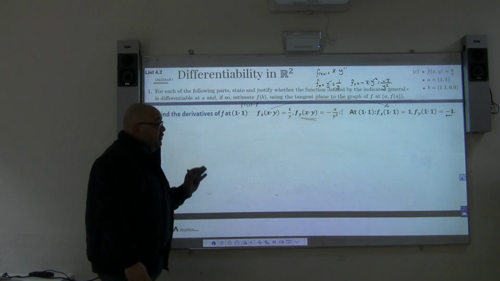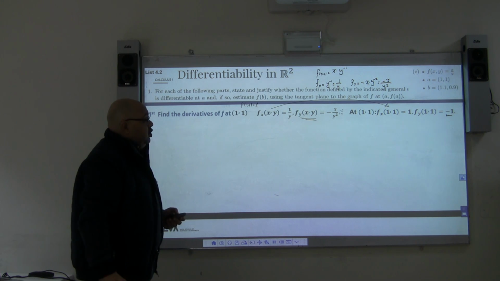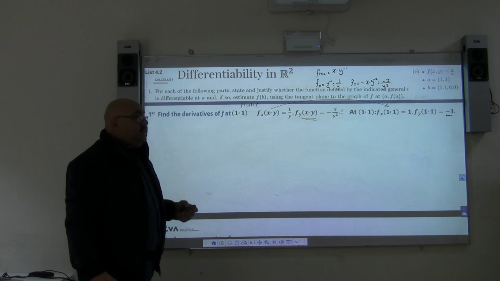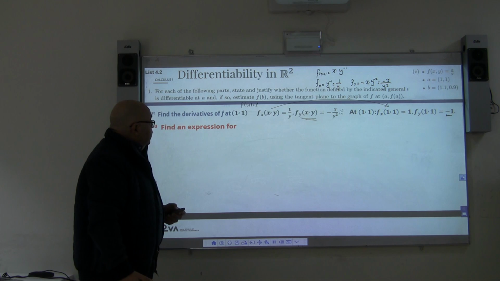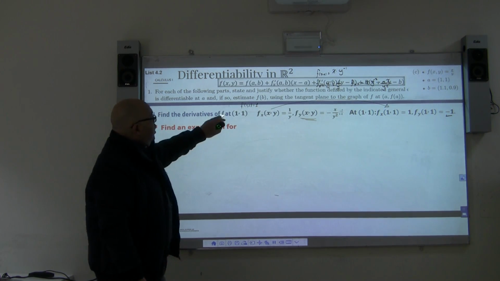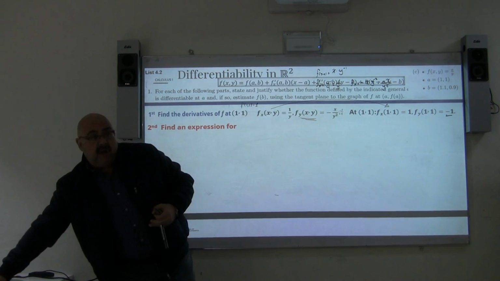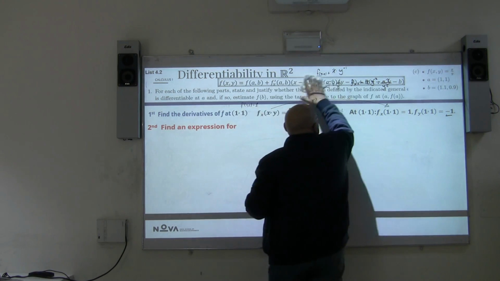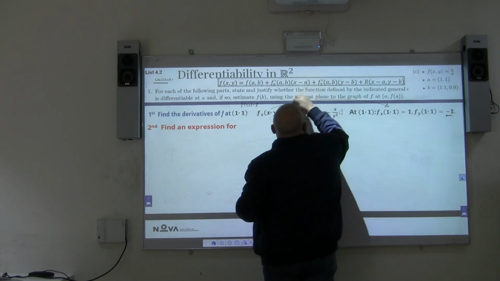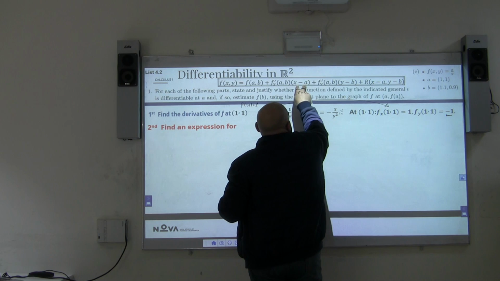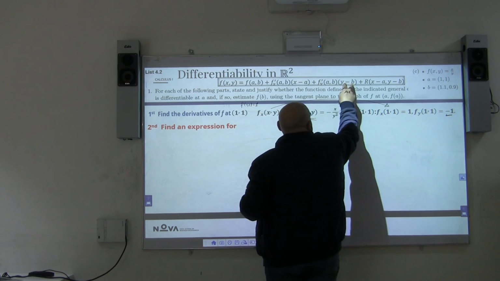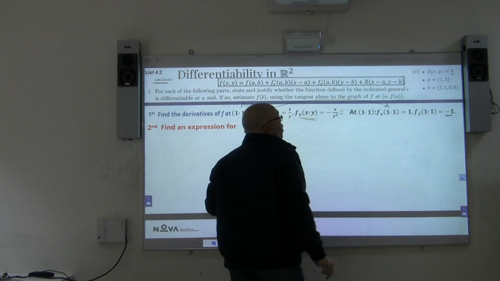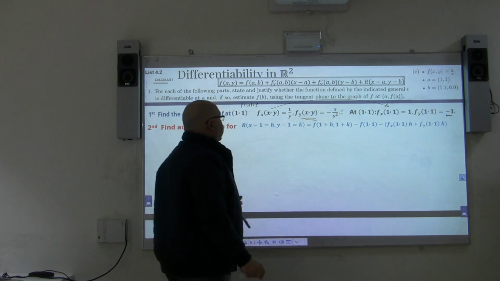I have the value of the function and the value of the partial derivatives, so I can write r of x minus a. Once more, I've written it in order to have it in front of you. It's going to be f sub x times x minus a, f sub y times y minus b. And that's the value of r of x minus 1, y minus 1.